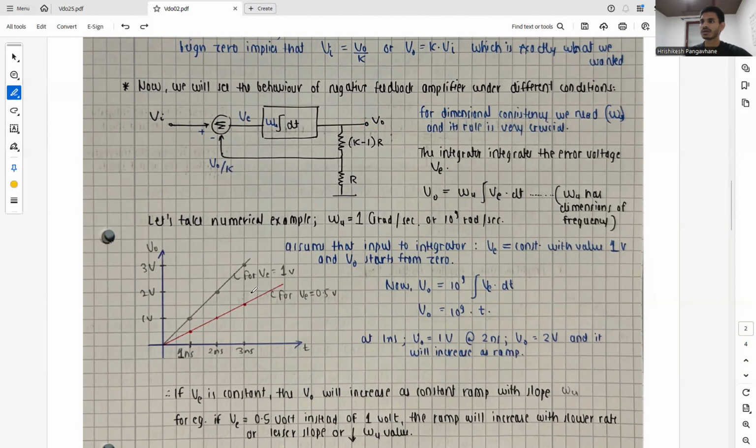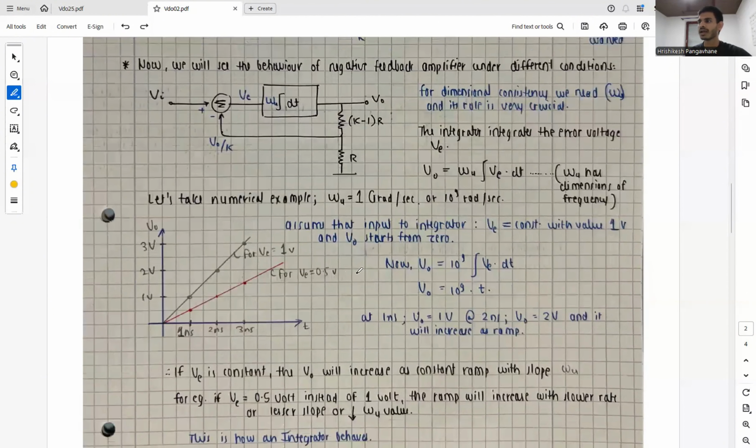So V naught at time t equals 0 is 0, and from the equation we derived, V naught is omega u times the integral of V dt. As we integrate by taking V equals 1 volt, our V out comes to be 10 to the power 9 times t.